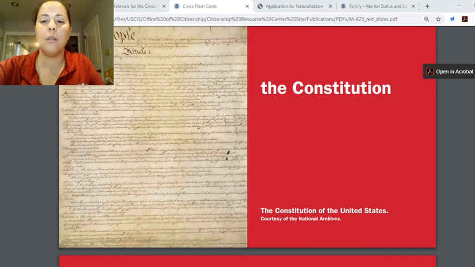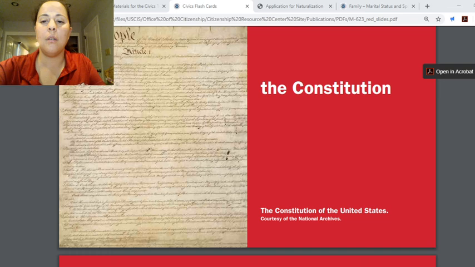Now let me show you something. This is a flashcard, okay? A flashcard is a piece of paper that has information on the front and the back, okay? This is back. So a flashcard has information on the front and information on the back.